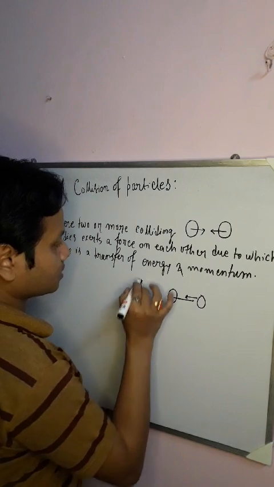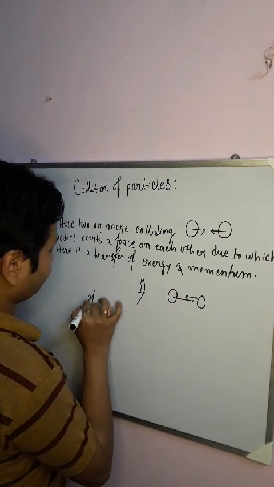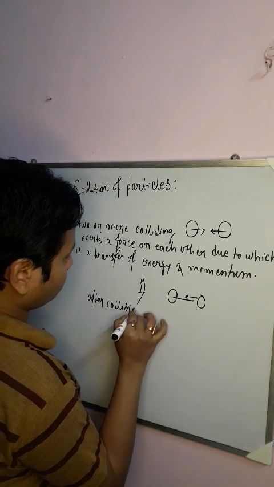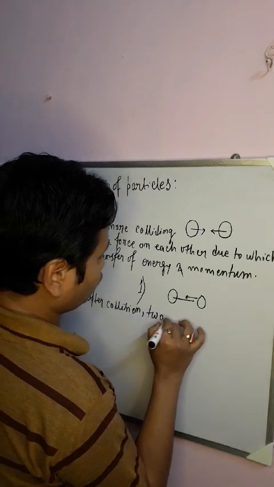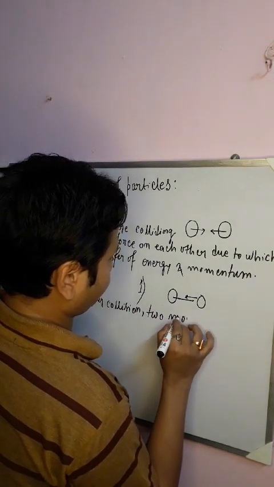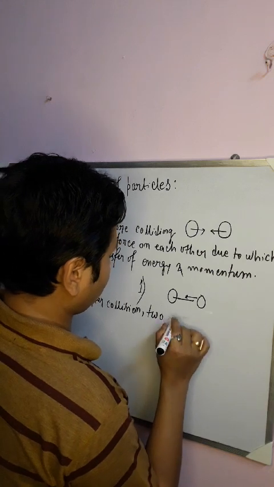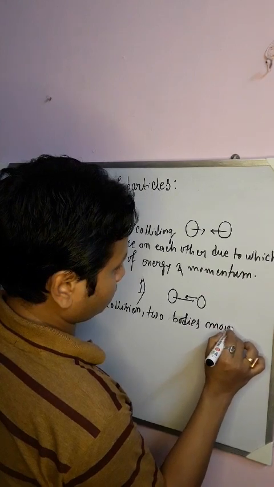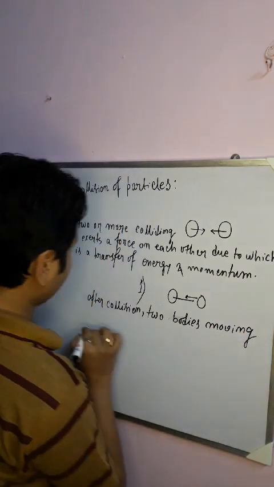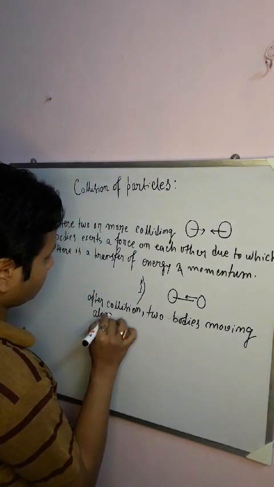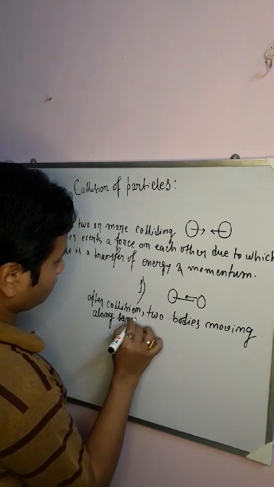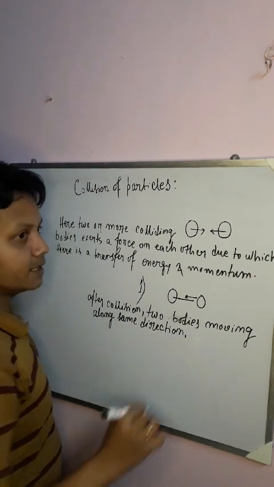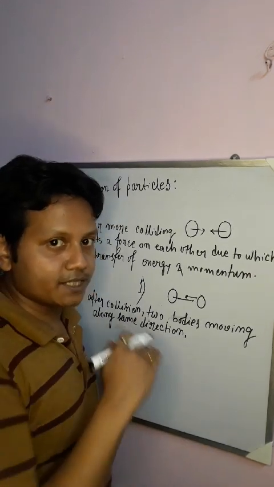So the first possibility is that after collision the two bodies move along the same direction. For example, a carom board is a plane.